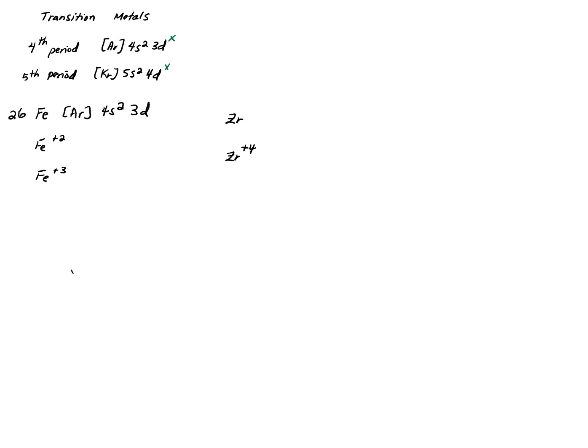I have 18 here for argon plus 2, that's 20, which means that in my d orbitals, I'm going to have 6 electrons. That will add up to 26. Remember, you need a total of 26. So this is 18, 2, and 6. That's your 26 electrons.